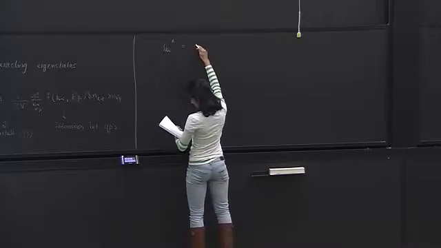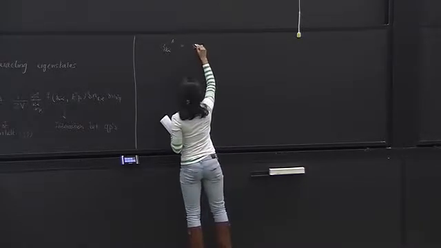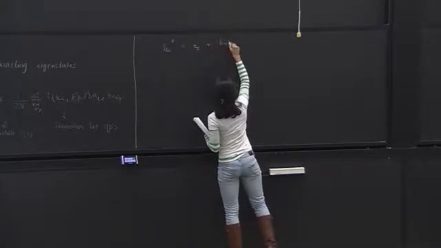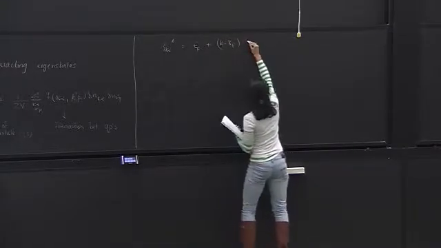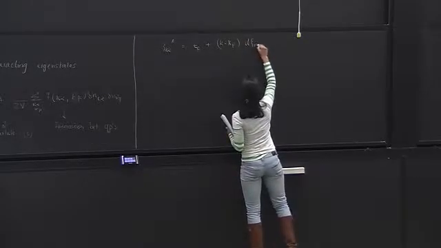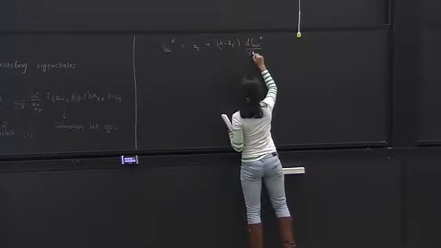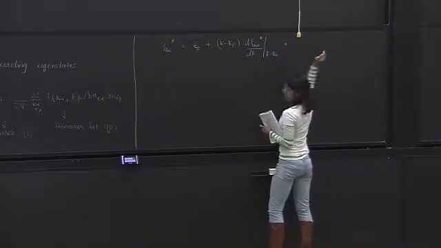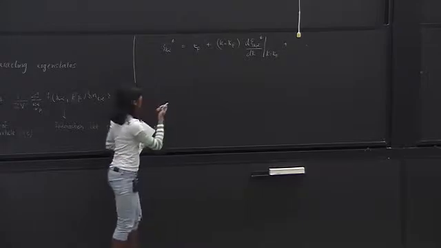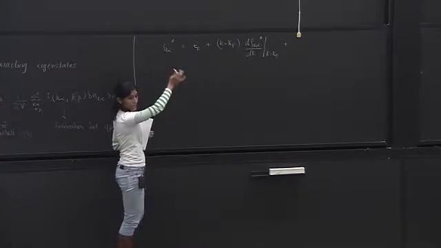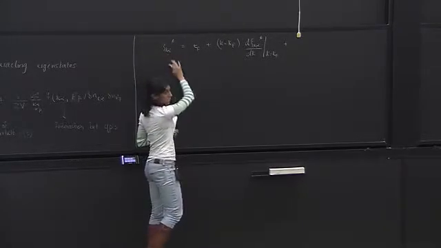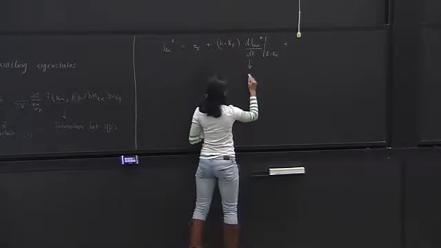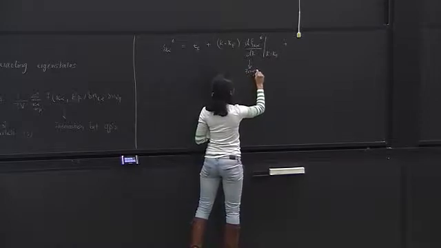So I can say this looks like the Fermi energy plus a linear term. This is just expanding. This is some function of k and alpha spin, and I'm just expanding it near the Fermi surface. So this is what's called the Fermi velocity.